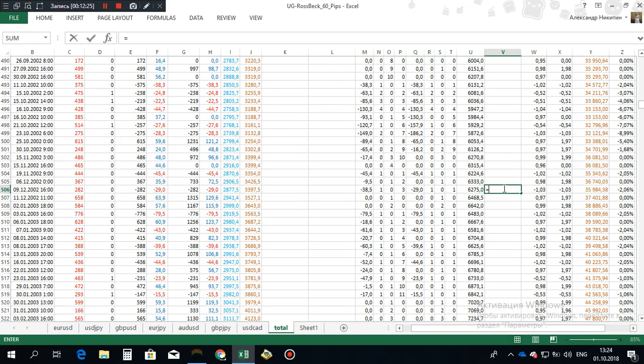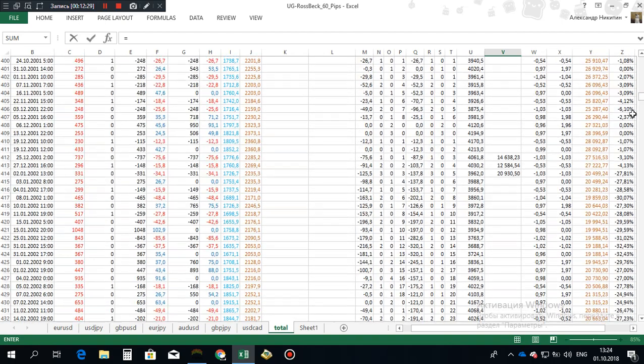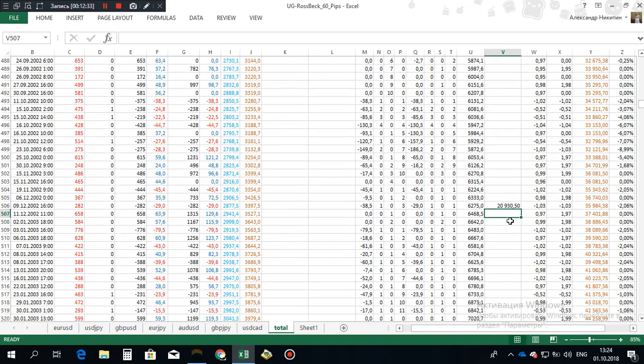So this equals our previous account. We started from 20k this time. Our net profit equals this minus old account.